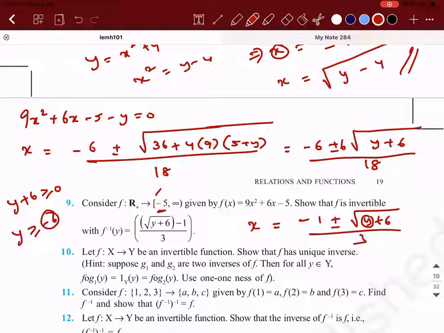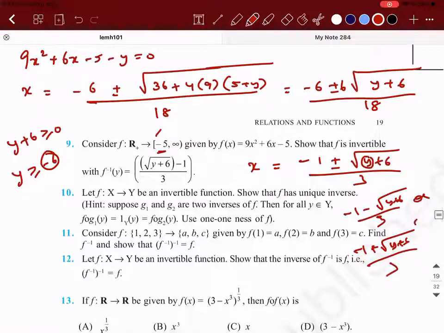Now if I need to get a positive value of x always, I need to ensure that one of the values is positive and greater than the other. I have minus 1 plus or minus root of y plus 6. Should I choose minus 1 minus root of y plus 6 by 3, or minus 1 plus root of y plus 6 by 3?